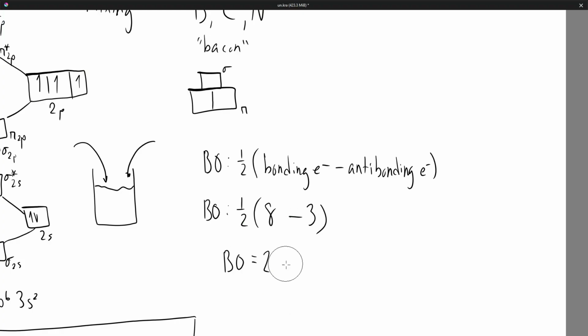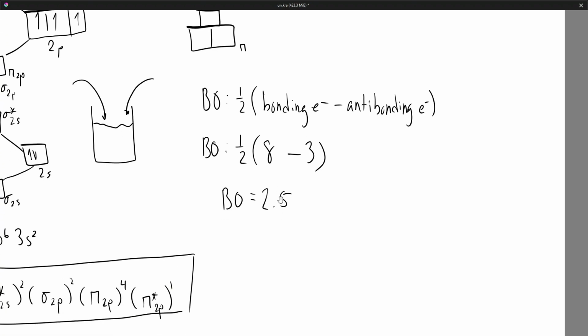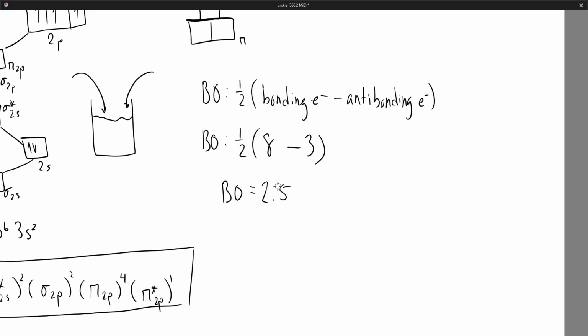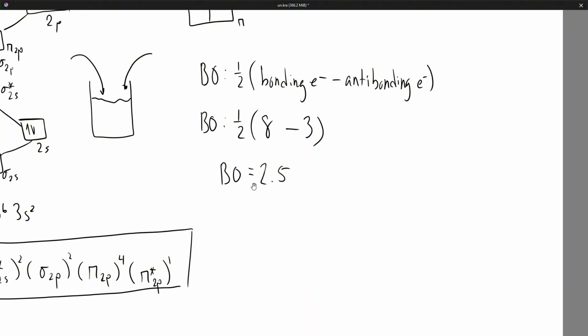So a bond order that's greater than 0 is stable. Since the bond order here is greater than 0, that means it's stable. So we put stable.